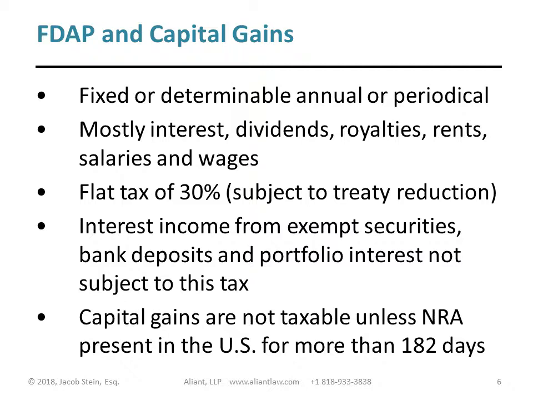Okay, how else can we get away from the 30% withholding tax? Well, if the foreigner who is getting the income from the United States lives in a country with which the United States has an income tax treaty, the 30% tax will always be reduced to a lower number. It will be reduced to anywhere from 0 to 15%.